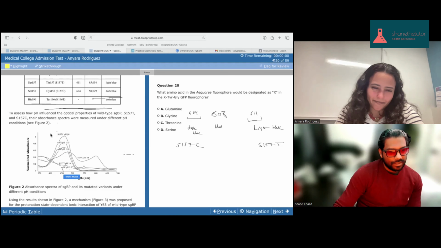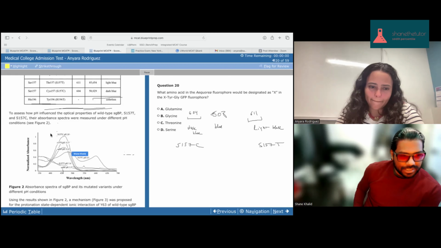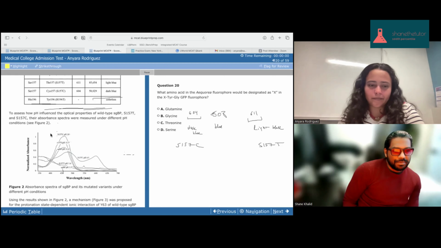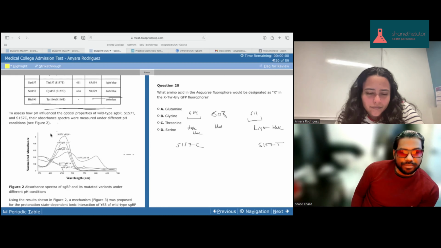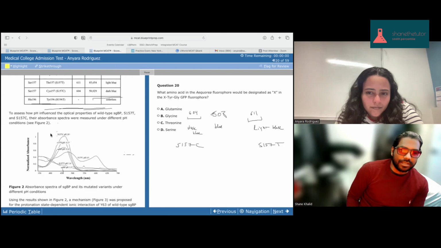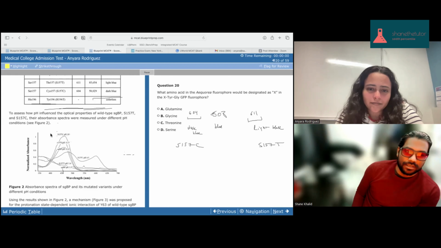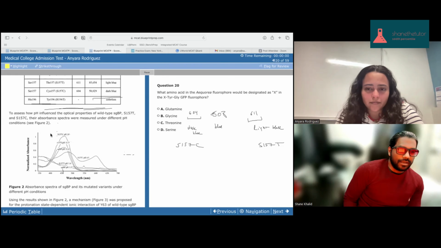So at the higher pHs, the wavelength of maximum absorption doesn't change much, but the absorbance changes. At the lower pHs, both absorbance and wavelength of maximum absorption change.